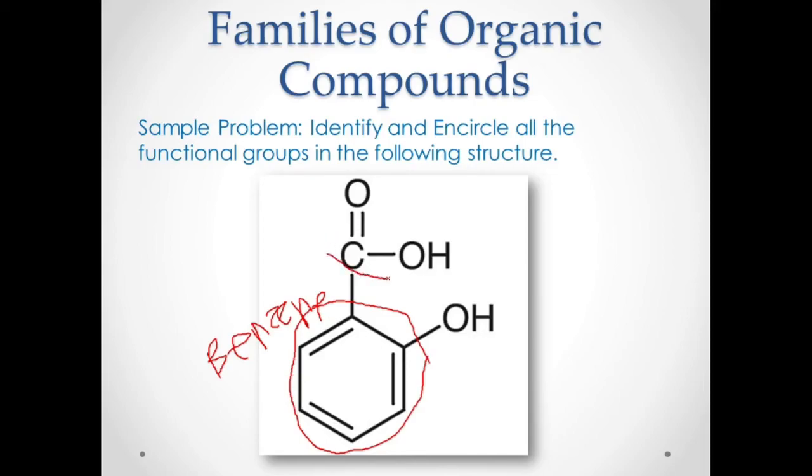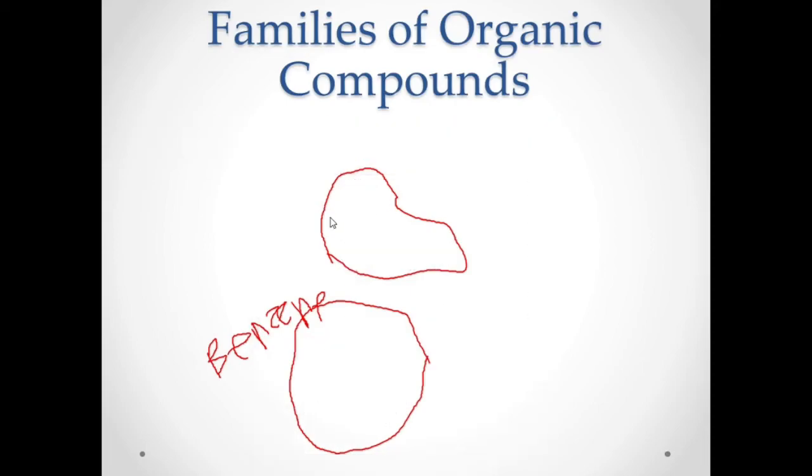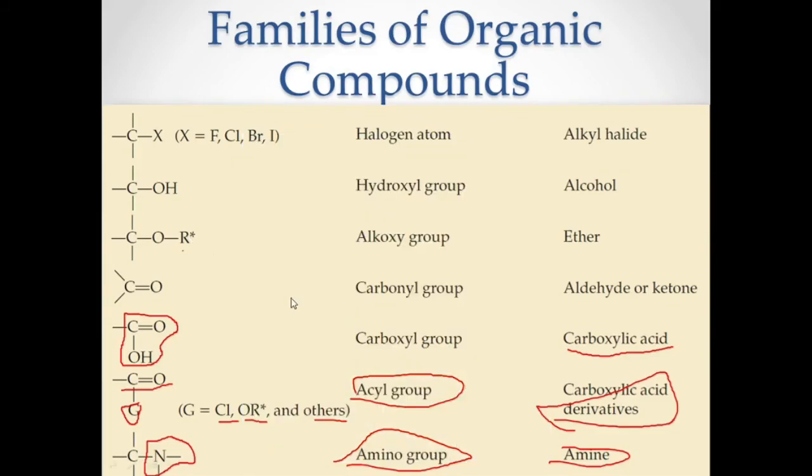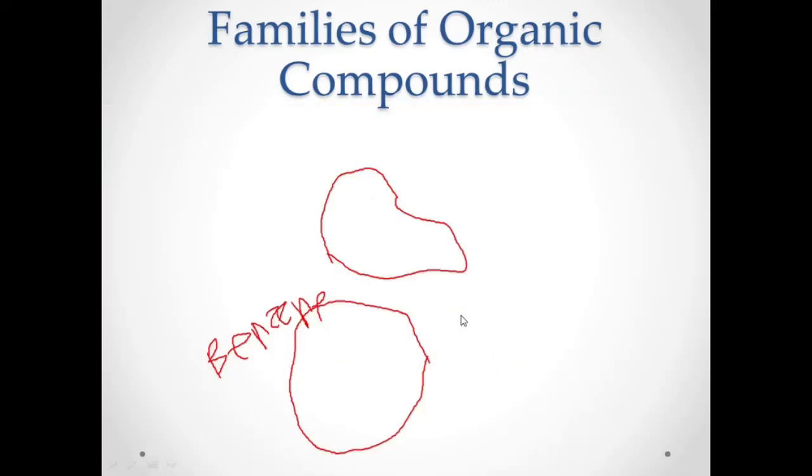This one is what functional group? You see, C double bond O, and your carbon is actually bonded with your OH. So going back to our list, where does it belong? You notice it's C double bond OOH, then it is a carboxylic acid.